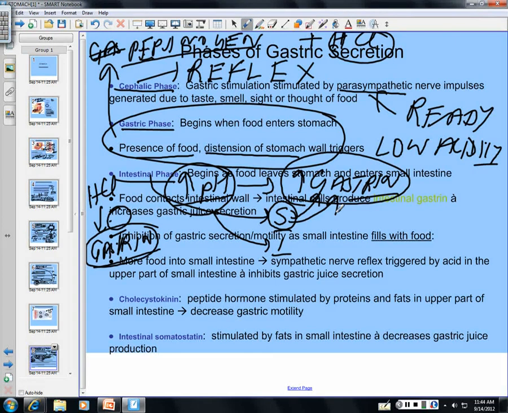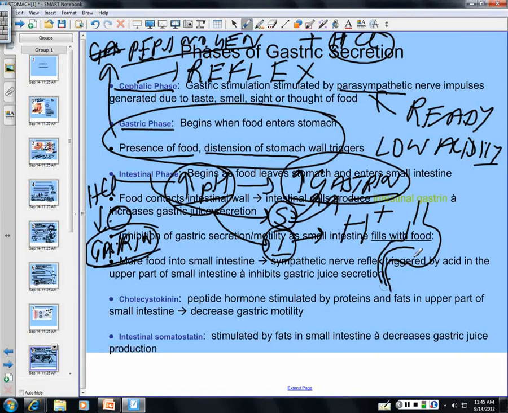Okay. But then as more and more food enters the intestine, the inhibitory phase starts. The inhibitory phase starts as soon as the small intestine starts filling with irritating substances, especially a large amount of hydrogen ions coming from the stomach. So here's the stomach, here's the intestine.